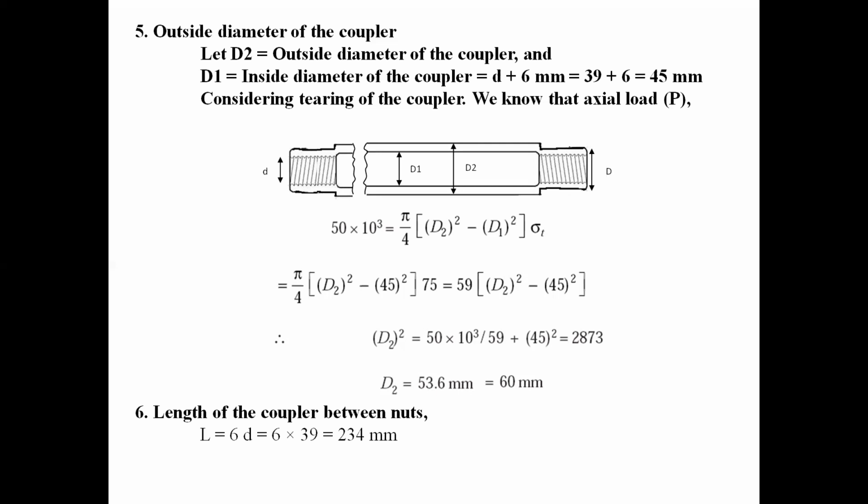After D2, all the dimensions of the coupler and of the turnbuckle are over. Only the length of the coupler between nuts we can find by capital L, which is equal to 6 times D, which comes out 6 into 39, 234 mm.